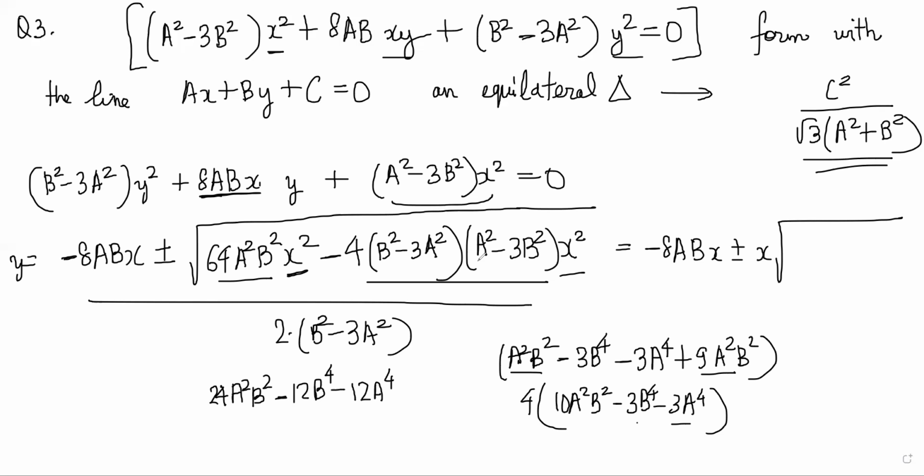Okay, so this thing, you can take 4 common, so you get 6a square b square minus 3b power 4 minus 3a power 4, and 2 comes outside here, and root of this, root of this. So this doesn't seem like a perfect square.